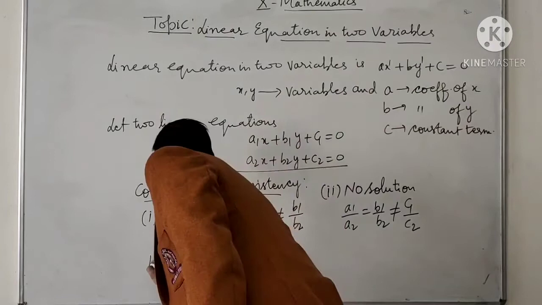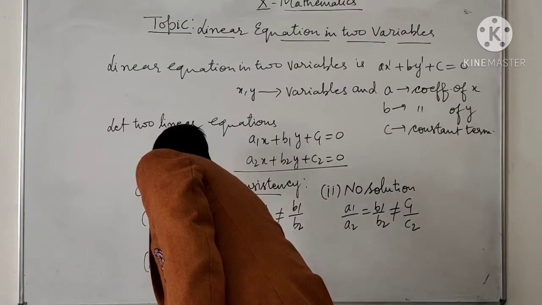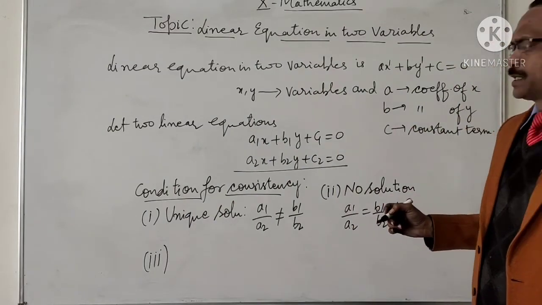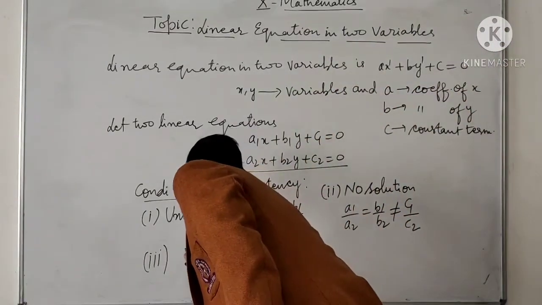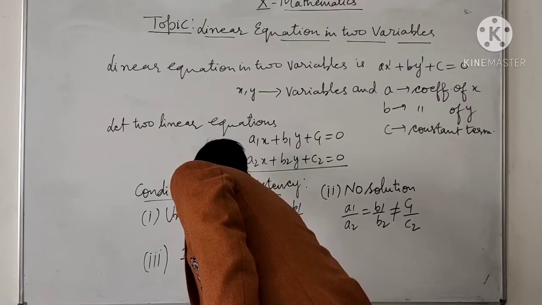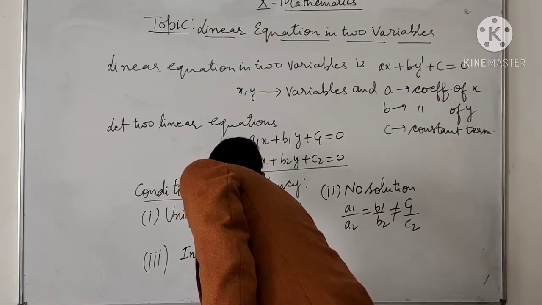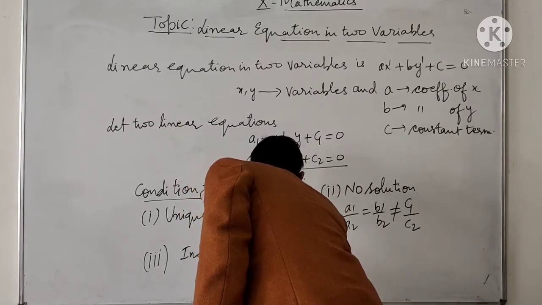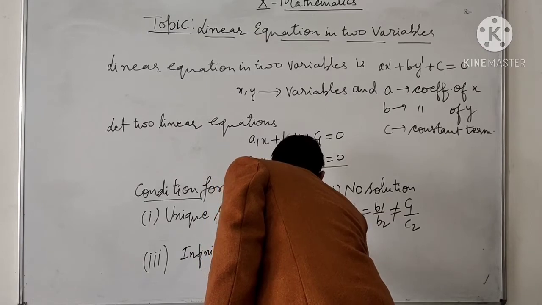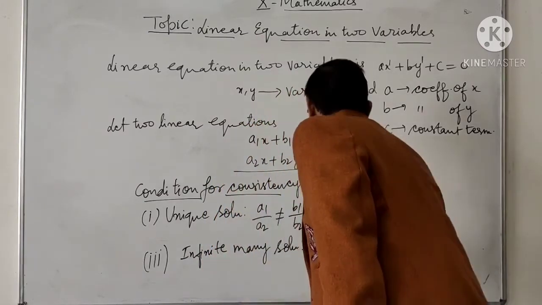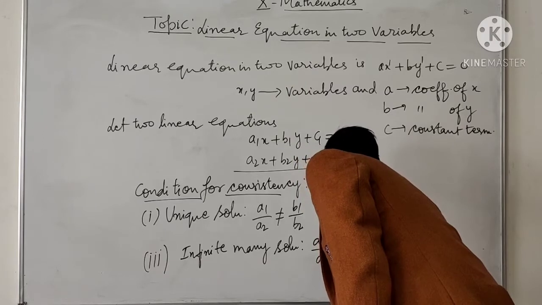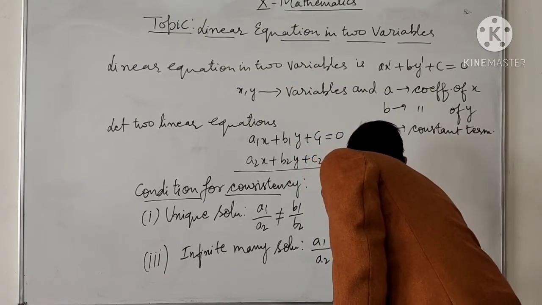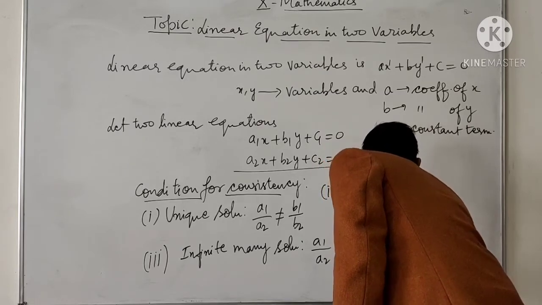Then there is a third condition, when equations have infinitely many solutions. The condition for that is a1 upon a2 equal to b1 upon b2 equal to c1 upon c2.